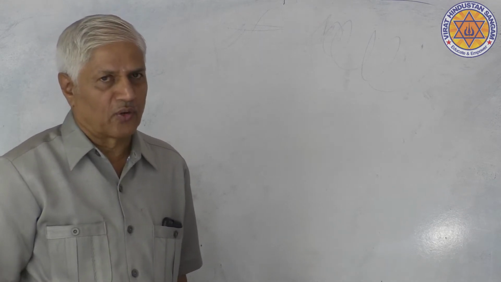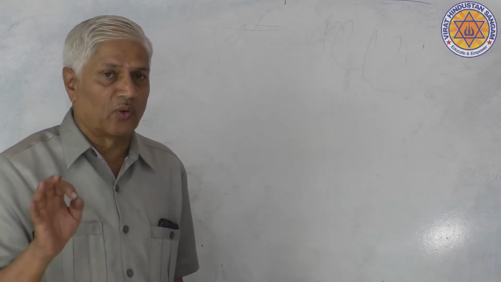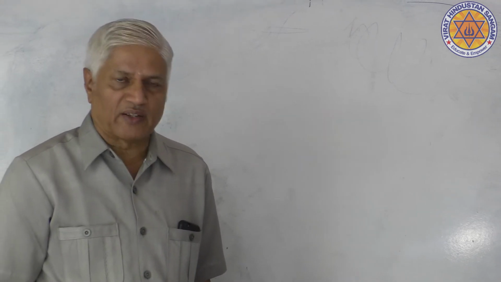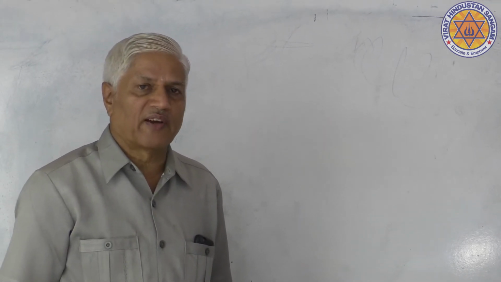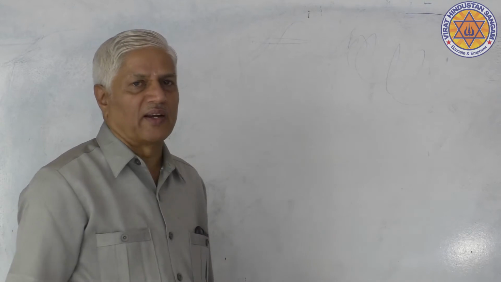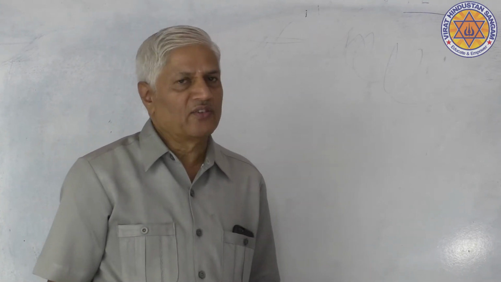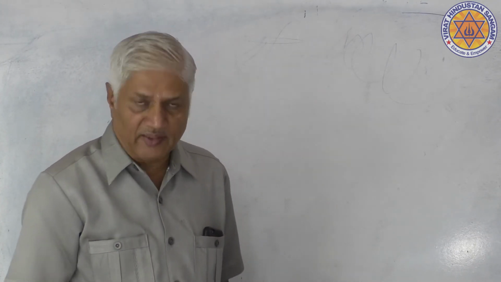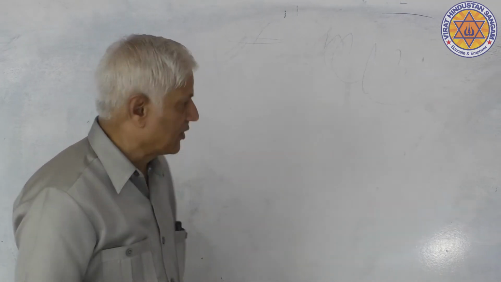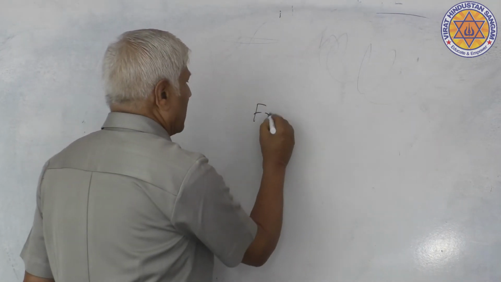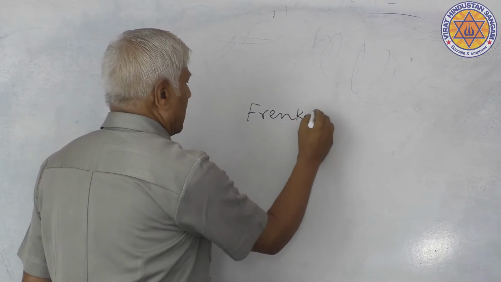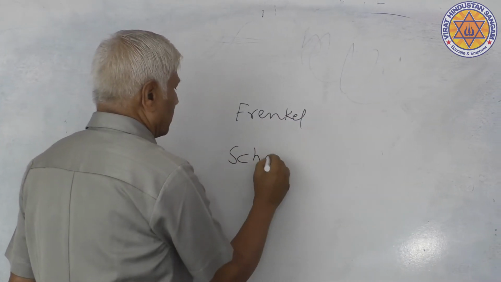You have been told that ionic crystals only exhibit point defects, namely Frenkel defect and Schottky defect.